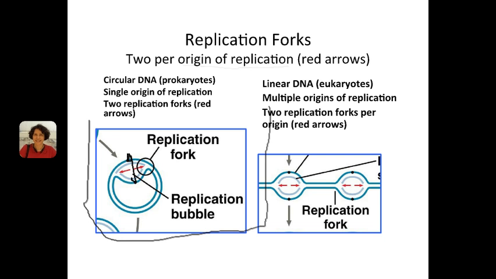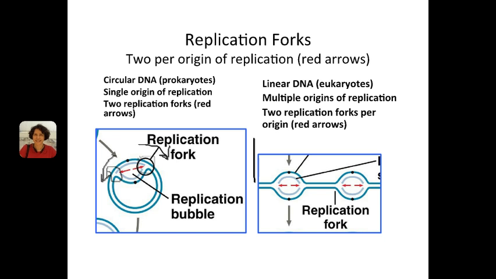So this here is the origin of replication. And there are two replication forks shown by the red arrows. So one is here and another one is there. And replication is going to go in both directions simultaneously from the single origin of replication.